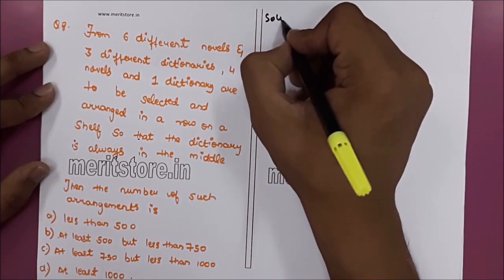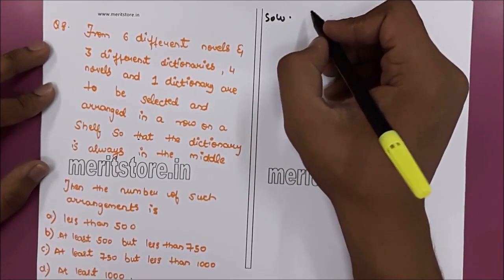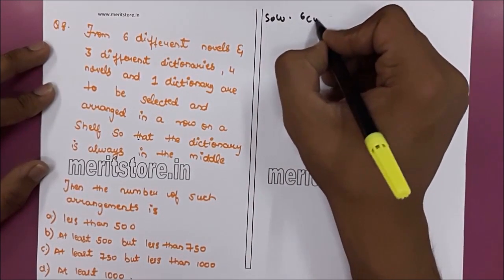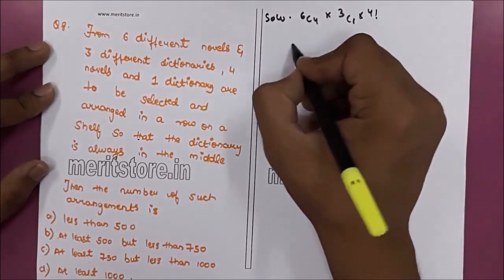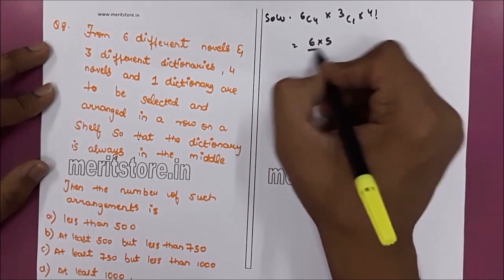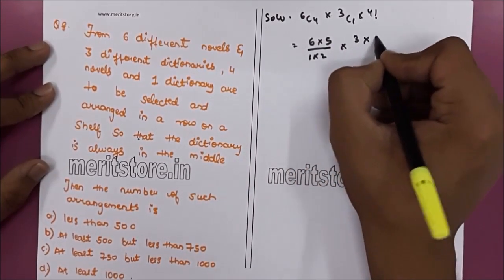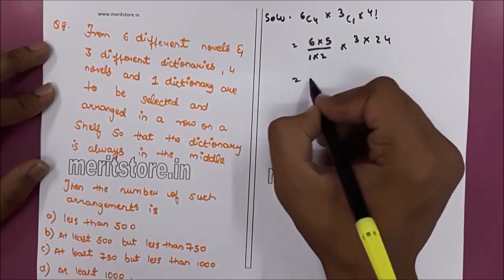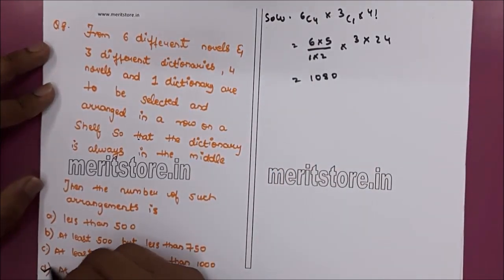Therefore the solution is: 6C4 into 3C1 into 4 factorial, that is equal to 6 into 5 upon 1 into 2, into 3, into 24, is equal to 1080. Therefore option D is correct.